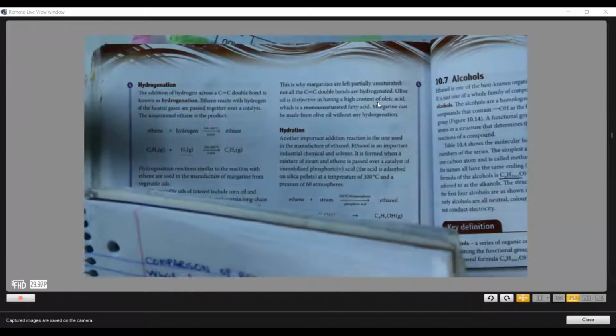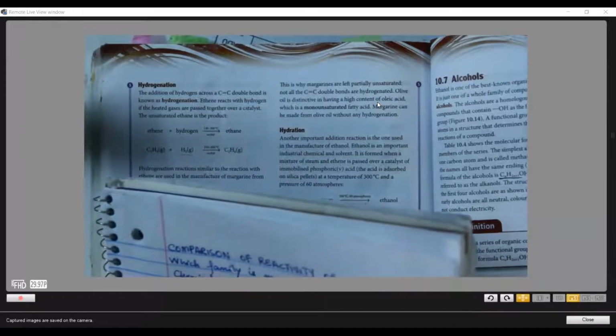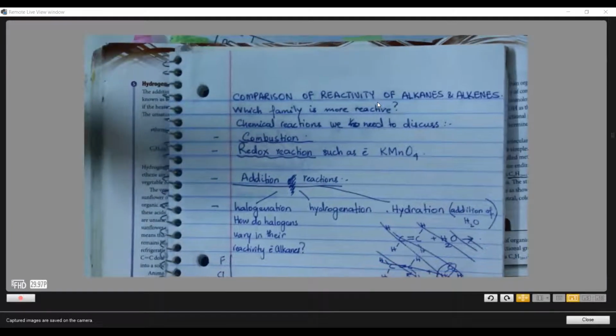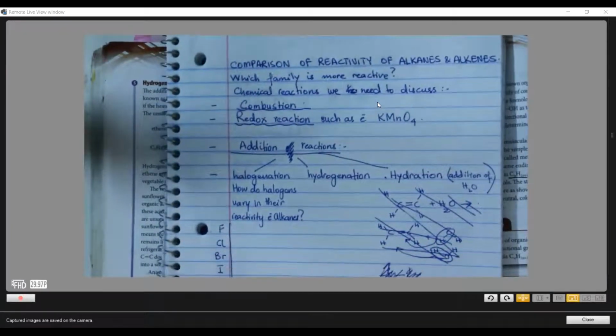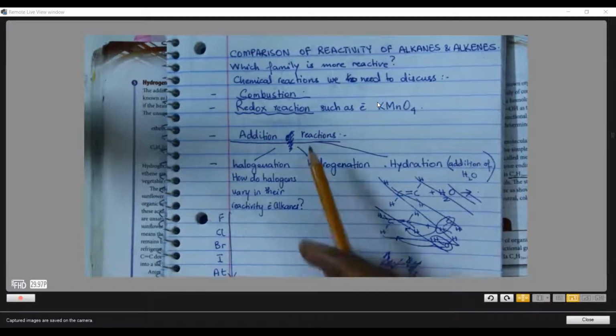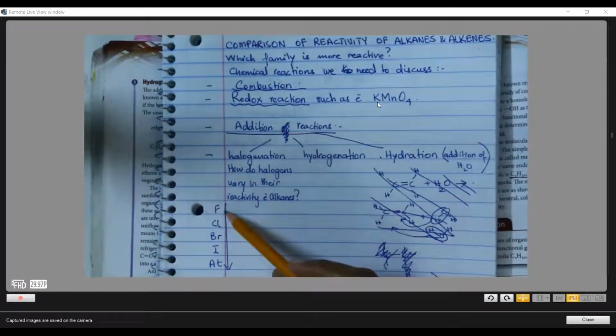But before I move on to hydrogenation, I want to talk about addition reaction of halogens, like bromination. You can have chlorination, you can have fluorination, you can have iodination. So basically you can add any of the halogens.